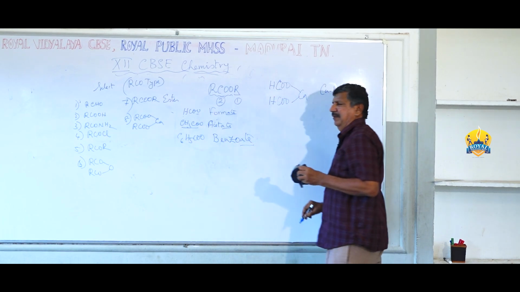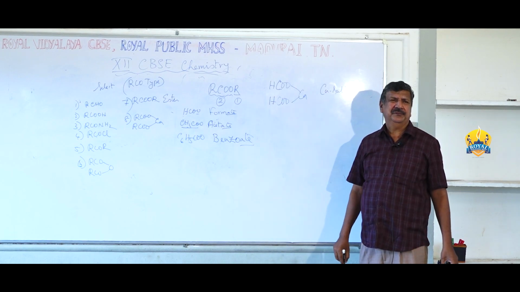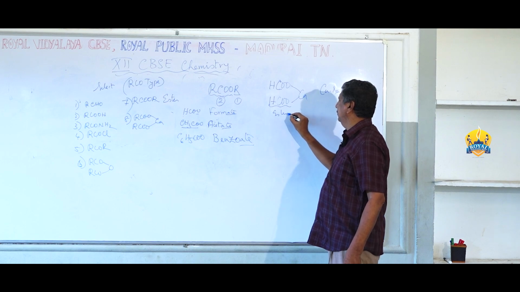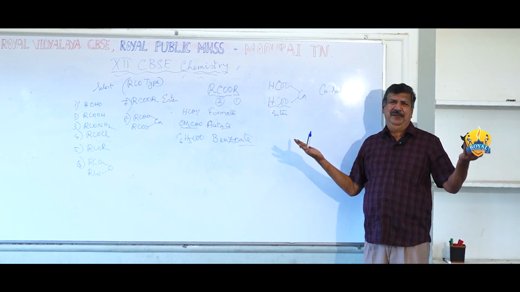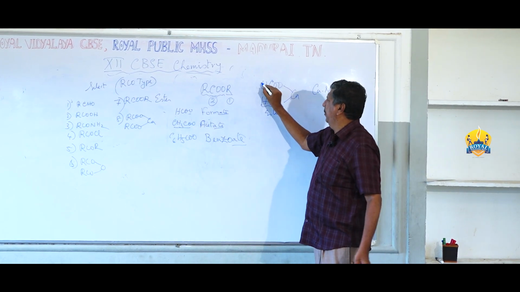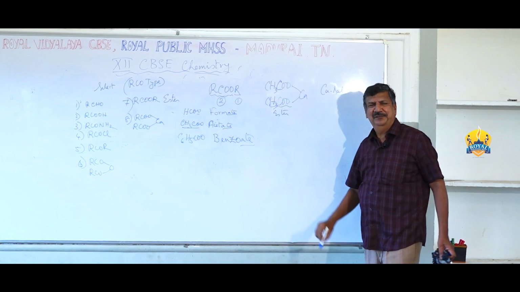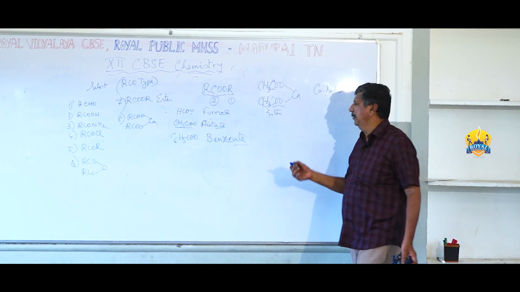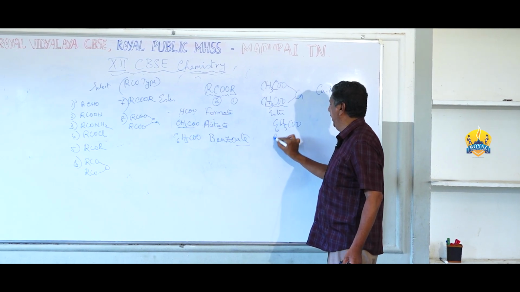See, very simple. What will be the name for this? Sir, very easy. Calcium formate. Because it is in the ester form. So, calcium formate. Okay. What about this? Calcium acetate. Then third one, calcium benzoate.